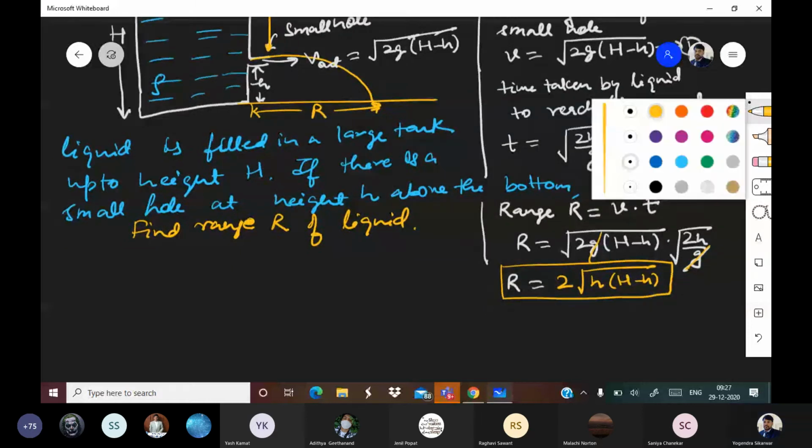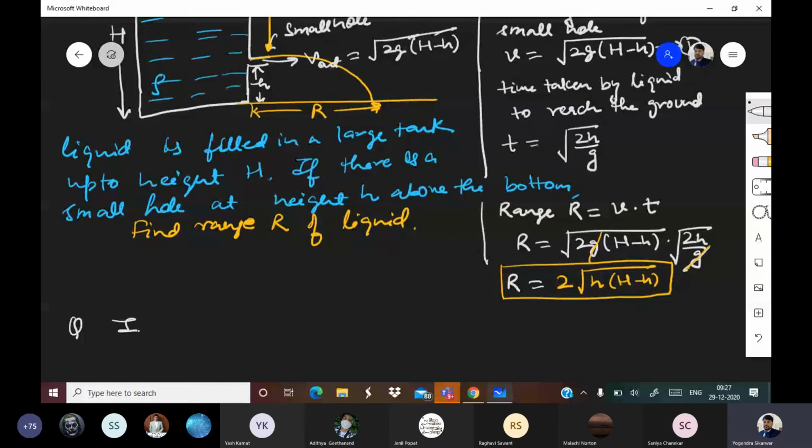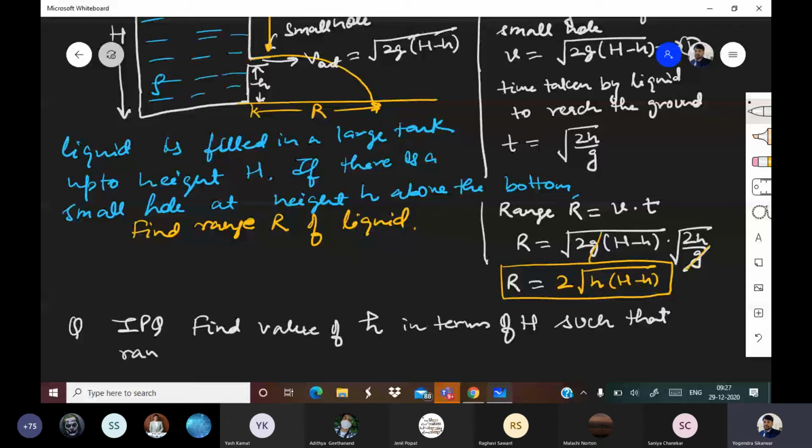IPQ. Question. Find value of small h in terms of capital H such that range R is maximum.